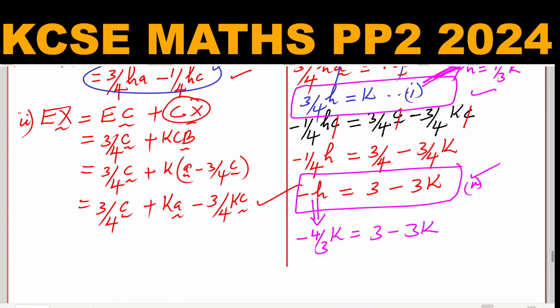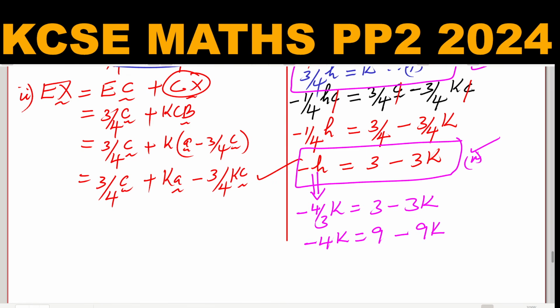Then I multiply all through by 3 to get rid of the denominator: negative 4k, 3 times 3 is 9, and this one is 9k. Bringing 9k to this side, I have 5k is equal to 9, and this gives k to be 9 over 5. That is the first solution.